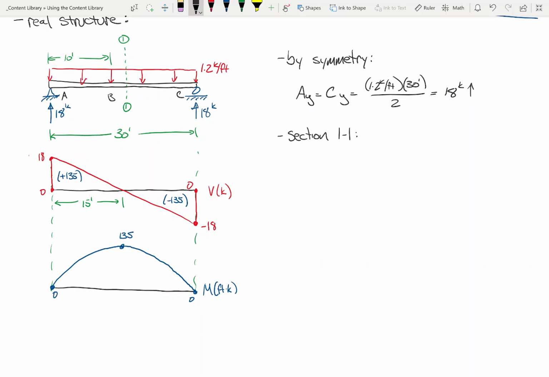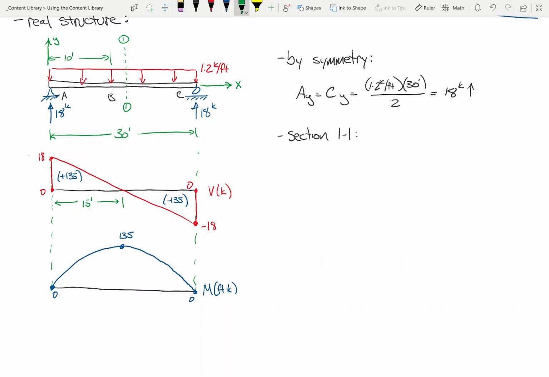Now, one thing that I did sort of leave off of my initial diagram that I'm going to now start to be more explicit in placing is a coordinate system. So treating this like it was an XY graph, we'll say the origin is A, so the x-axis goes like this, and the y-axis goes up.